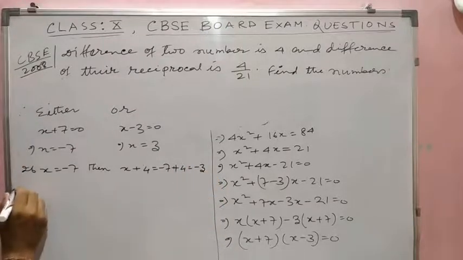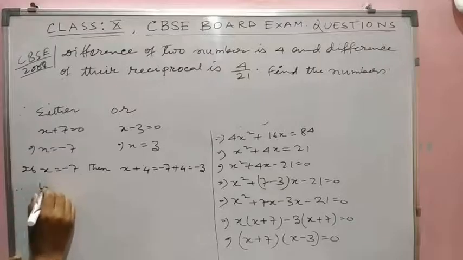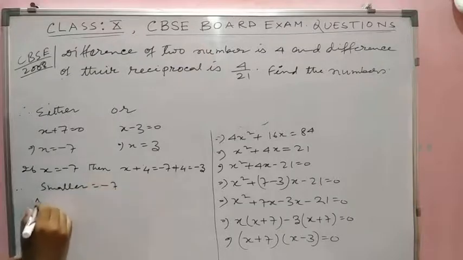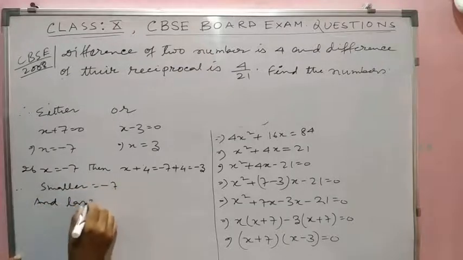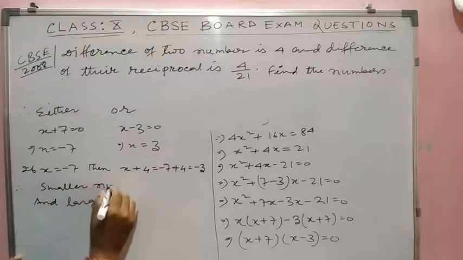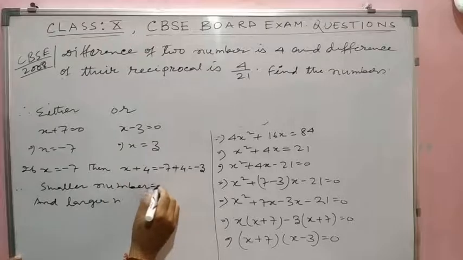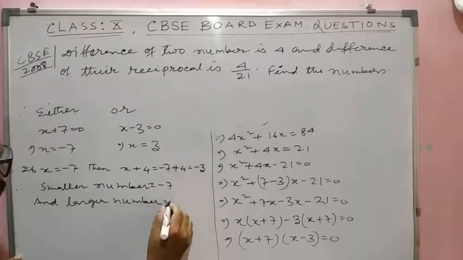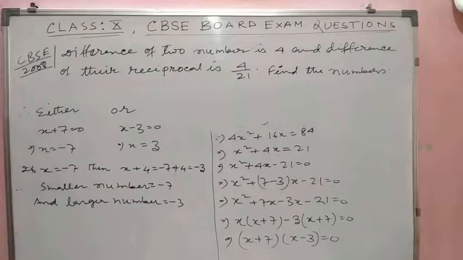Therefore the smaller number is minus 7 and the larger number is minus 3. One answer will be this one.